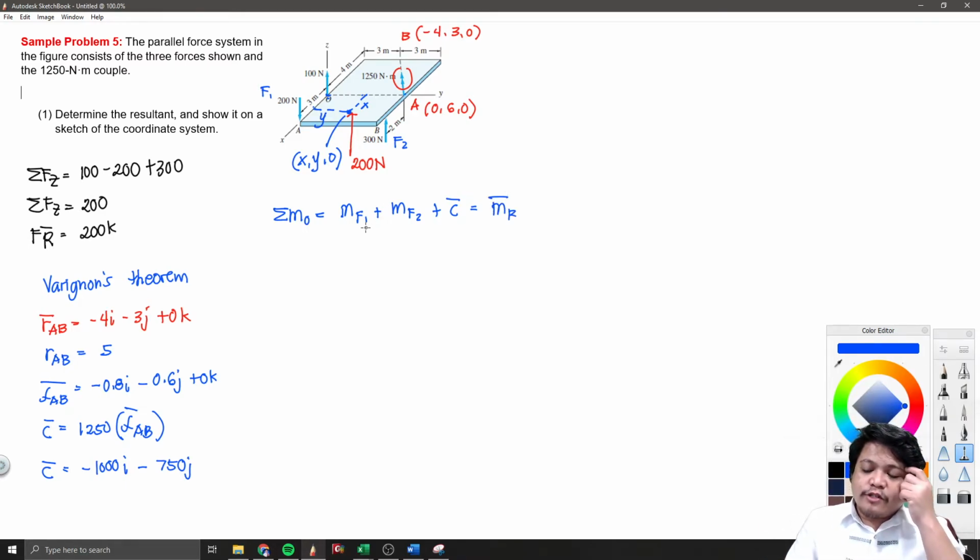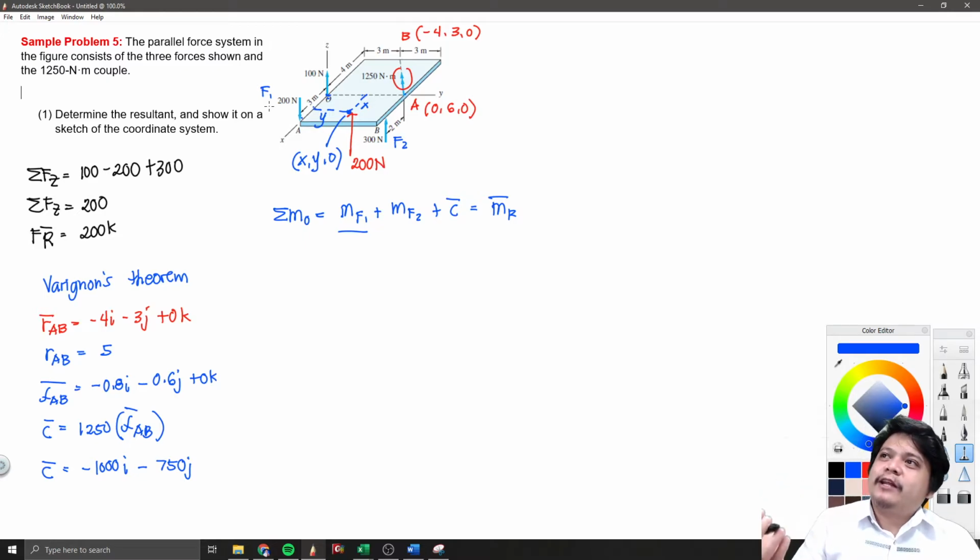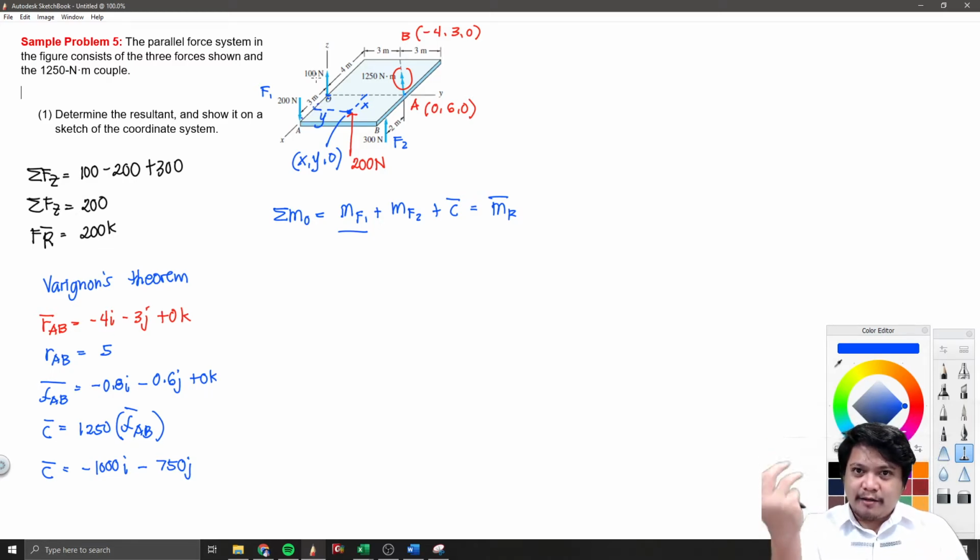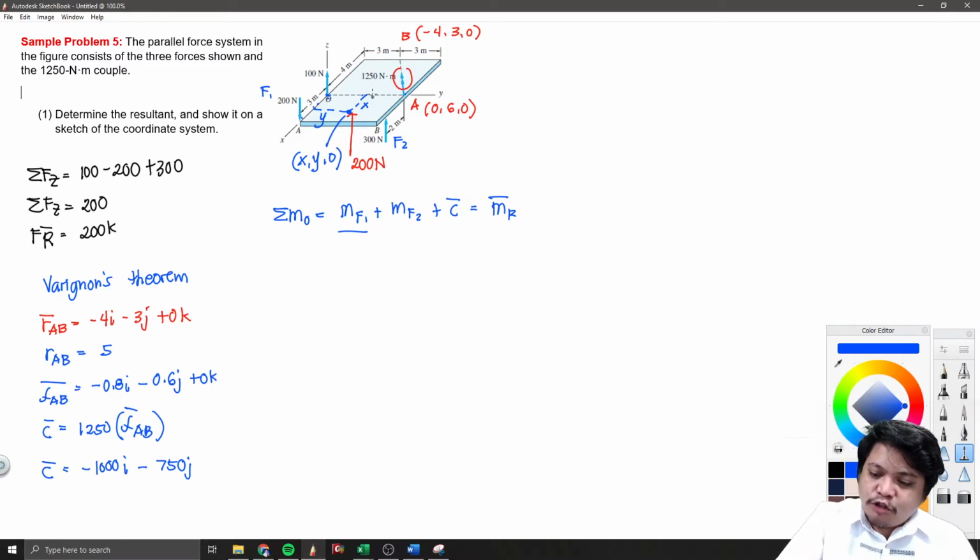Okay? So, sir, paano kukunin tong MF1? Okay? So, magmo-moment ako dito. Pwede kang mag-cross product ulit, walang problema, pero pwede mo nang gawin yung ginagawa natin. For example, this 200 Newton multiplied by 3 will create a Y. Kung mapapansin niyo, iikot yon about the Y-axis, positive.